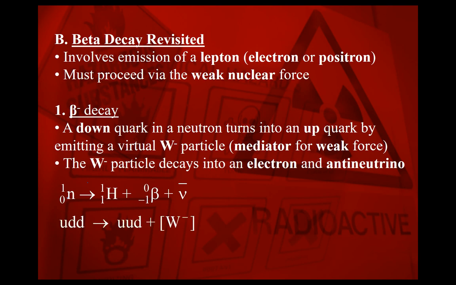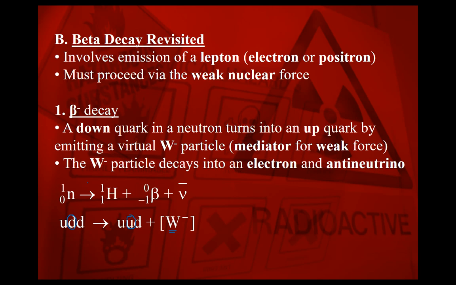Okay, the quark configuration for a neutron is UDD. The quark configuration for a proton is UUD. So in the process where a down quark turns into an up quark, what does this? The conversion from a down to an up quark, it's your virtual mediating particle called a W negative particle.